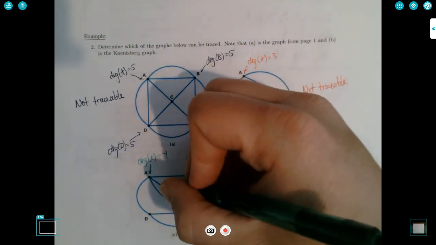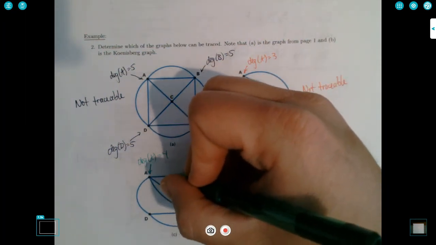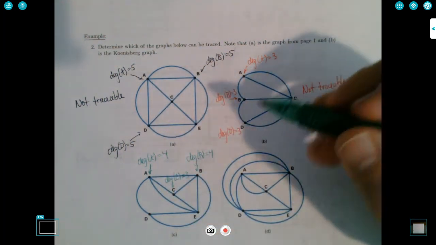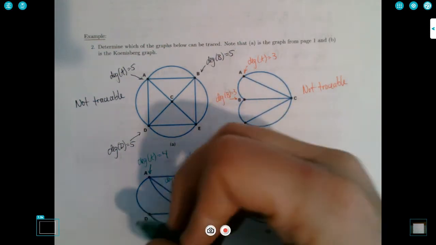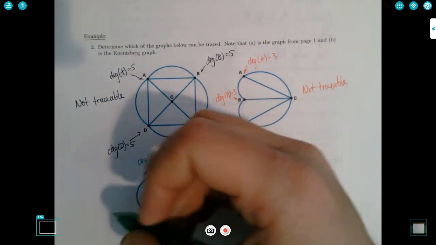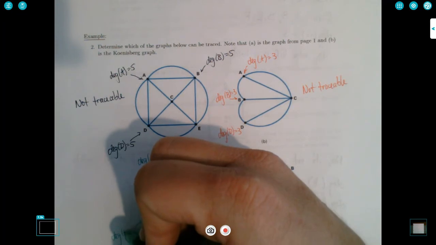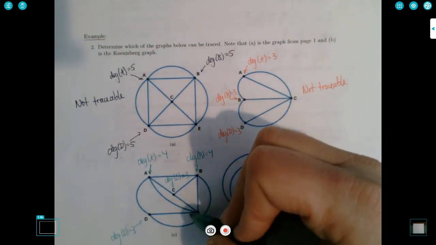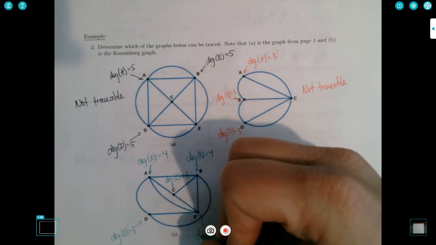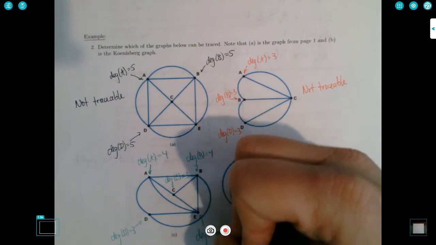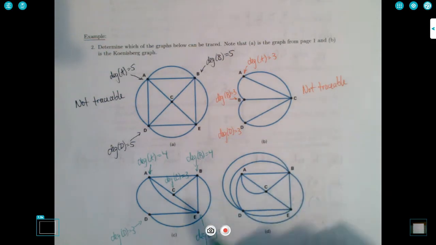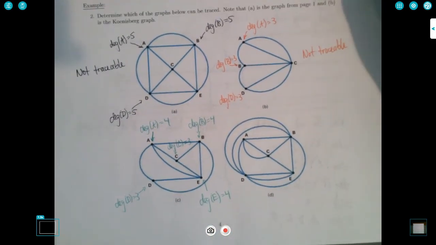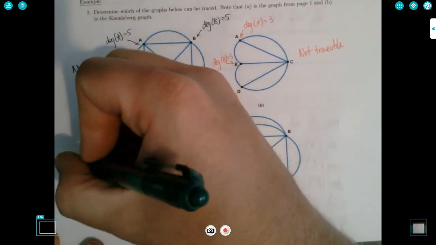Okay, that's all right. What about D, 1, 2, 3? Okay, we're still in the game. What about E? 1, 2, 3, 4. Okay, so I have 2 odd vertices. The rest of the vertices are even. So this one's traceable.